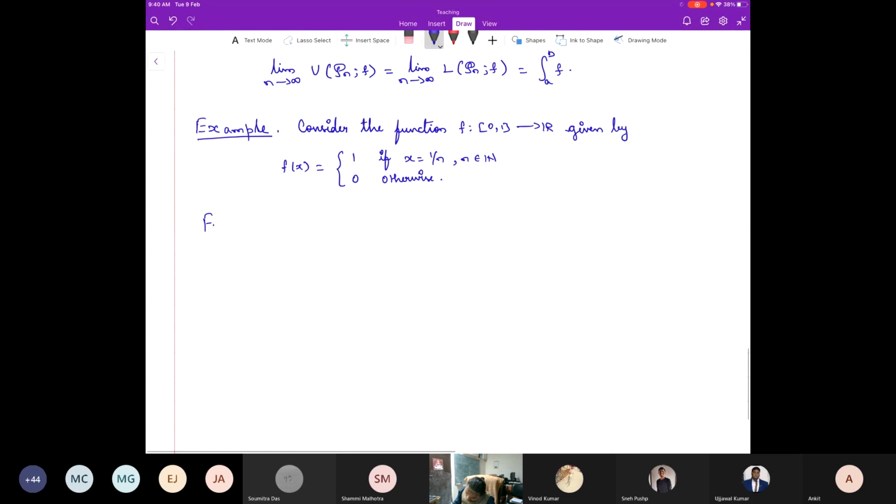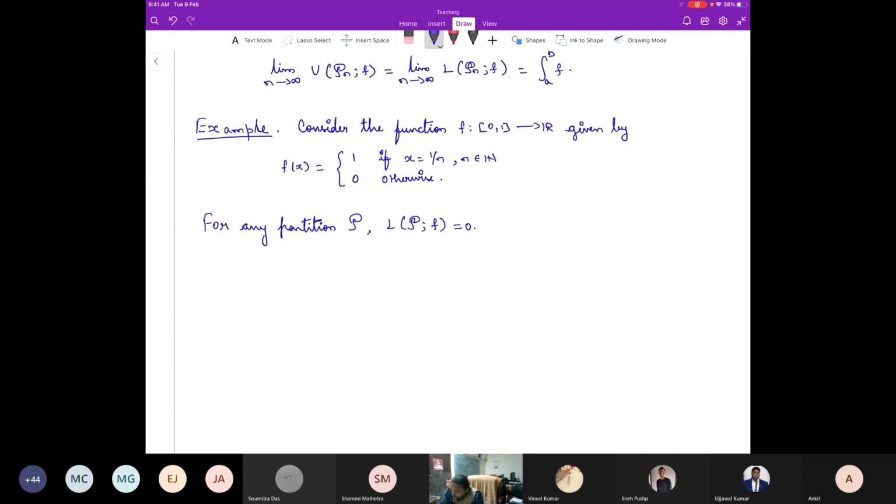Notice that for any partition P, L(P, f) is 0.